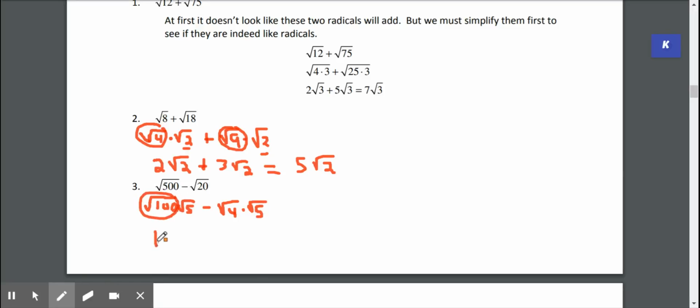Square root of 100 I can take, it's 10. So I have 10 square root 5. Square root of 4 I can take, and that's 2. And so that's 2 square root 5. So now I can say 10 square root 5 minus 2 square root 5 is going to simplify to 8 square root 5.